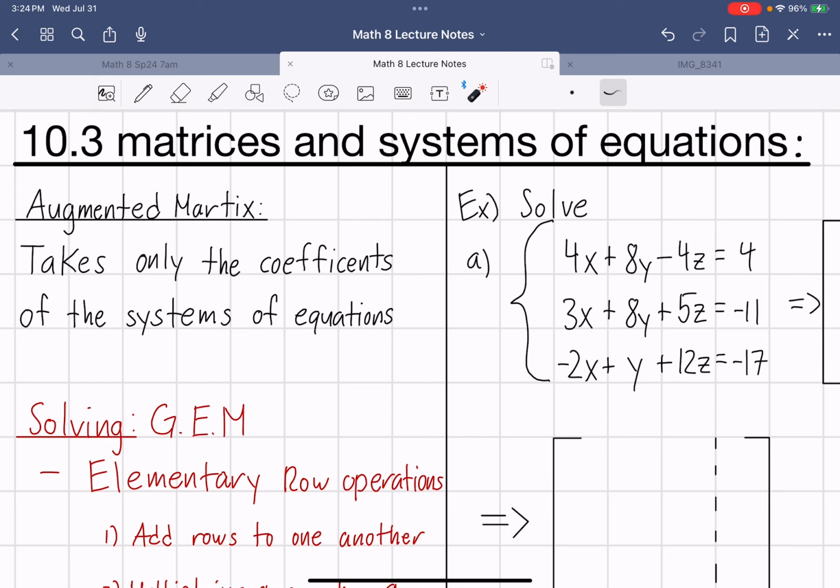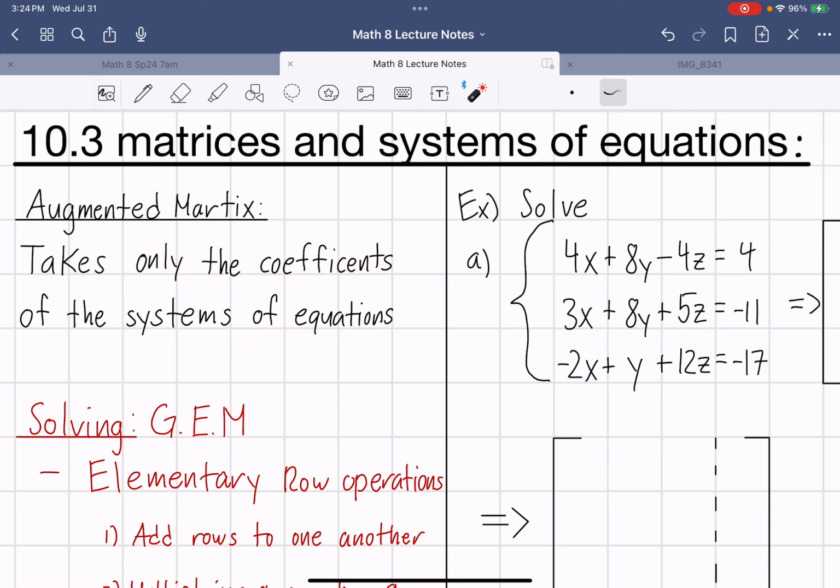So that's why, even though we're doing matrices, what we're going to use is called an augmented matrix. An augmented matrix takes only the coefficients of the systems of equations.